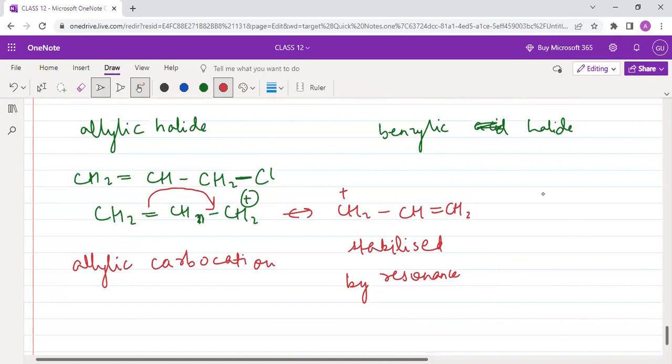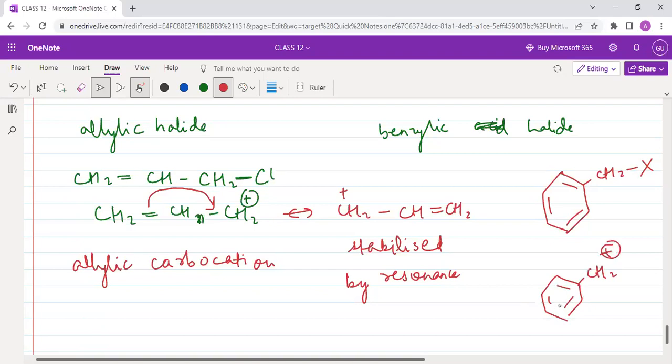And next is benzylic halide. I told you benzylic halide is benzene with CH2 present and X, the halogen, attached. So when the carbocation forms, it will be CH2 positive. This is your benzylic carbocation. And you know that resonance is possible in this.